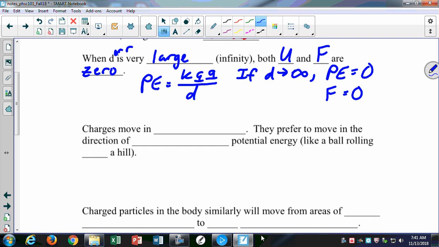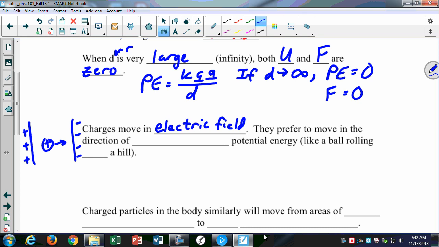Charges move in electric fields. We've seen that. Remember, we saw the plates. One side is positive, one side is negative, and we'll draw an analogy later where this is like a cell separated by a membrane. If I have, say, a positive charge here, it's going to move in this direction.